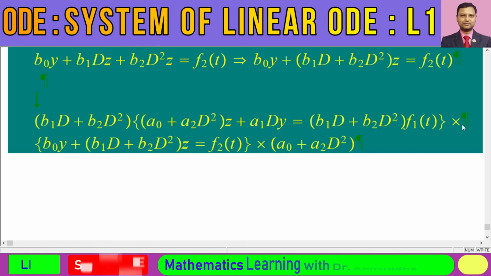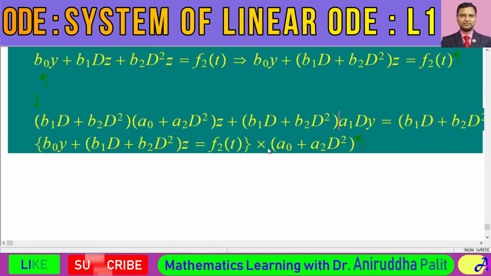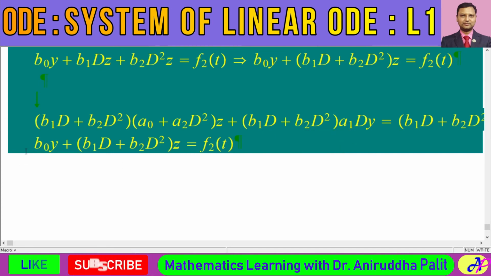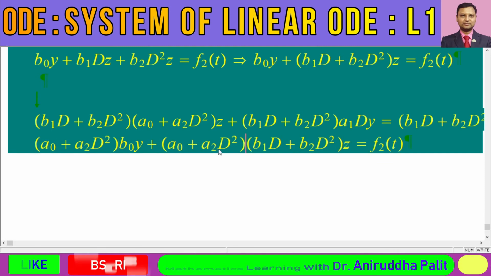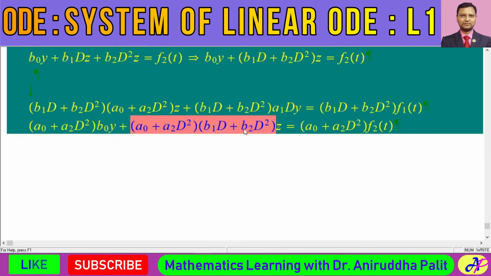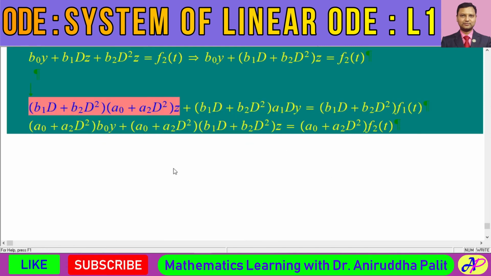So over here, what we shall do is write them on the left, like this, on the left. And over here as well, this expression will be written on the left, because an operator is always written on the left. Hopefully this is clear to you. Now you see, this expression and this expression are the same expression.